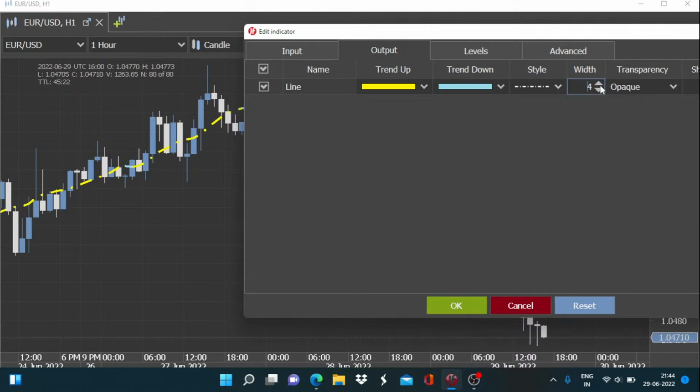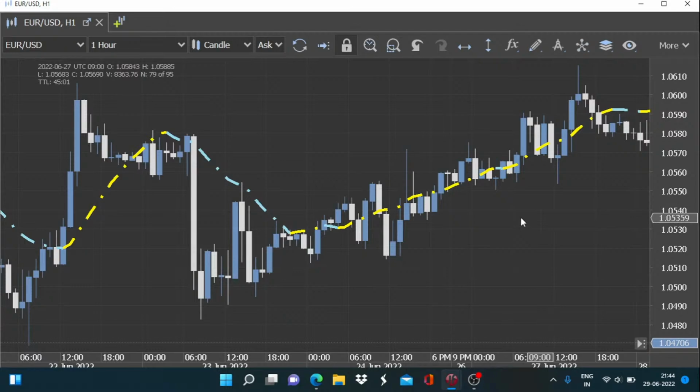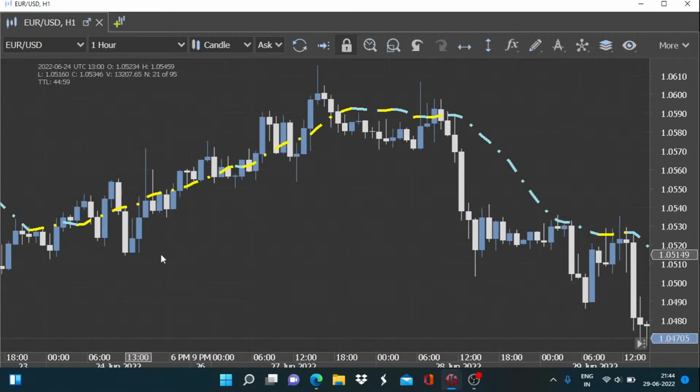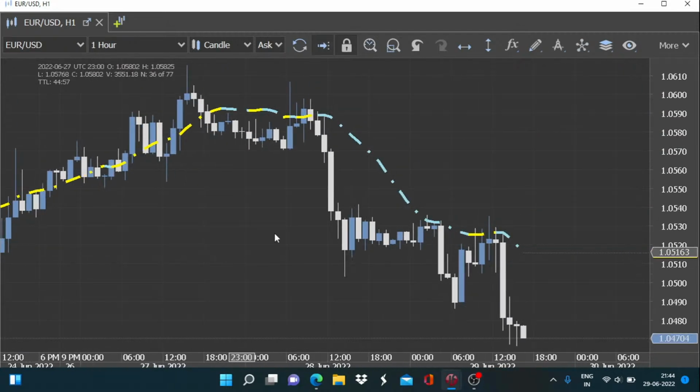You can increase the weight, and I think we have the option to go for a width of 5 units, with the smallest being 1. So you have a very faint line, and if you go for the highest width provided to us, then you have a very thick line plotted on this chart, and this is something you can't really miss.